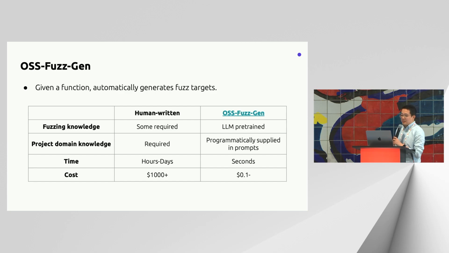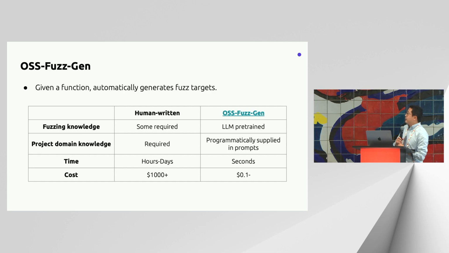So this is a comparison. For a human to write a fuzz target, they will need to learn the background and basic knowledge of fuzzing. They also need to read the project source code to understand where the vulnerability could happen. And they will also need to spend hours, if not days, to write one fuzz target. So that's very manually intensive. OSS-Fuzz-Gen was designed to reduce that burden.